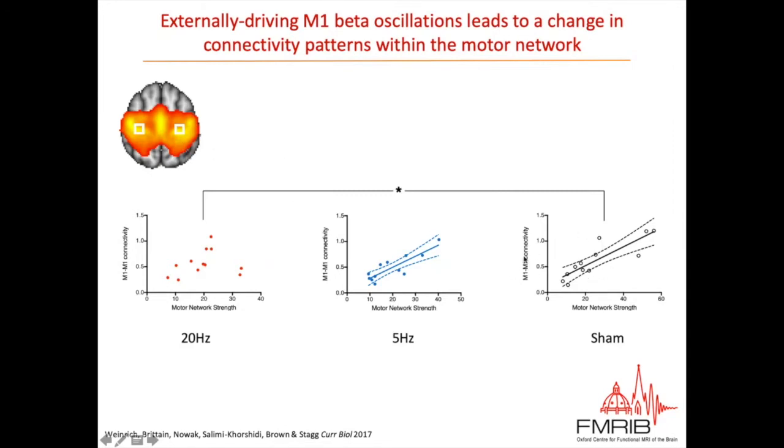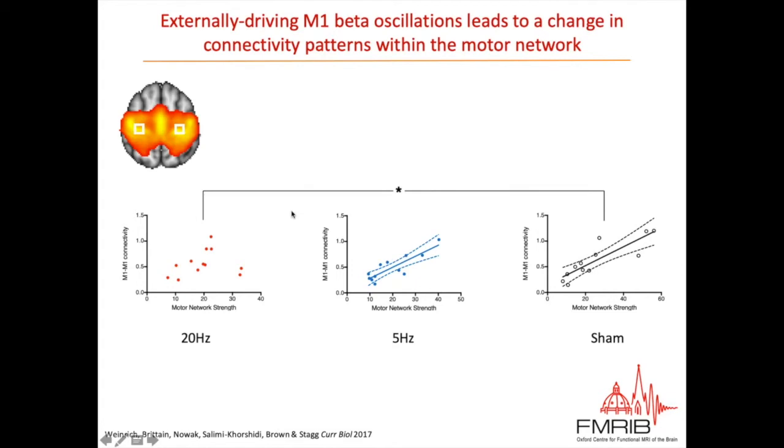And because the motor cortices are prime regions, and there are major network nodes within this network, you might not be surprised to imagine that if you don't perturb the system at all, then there is a very strong relationship between how connected your whole network is and how connected the 2 motor cortices are. And that's what we see, and we've seen that in a lot of studies.